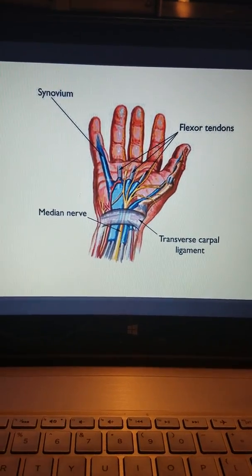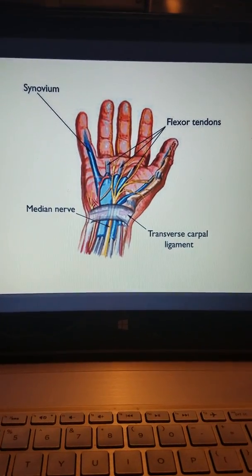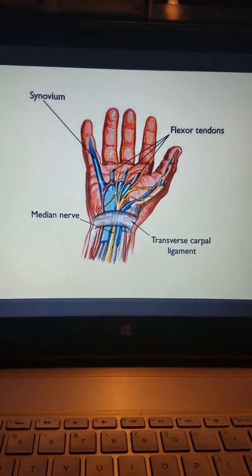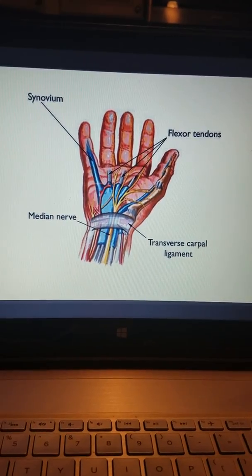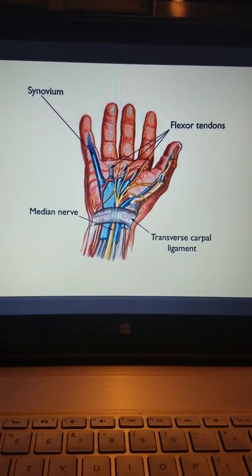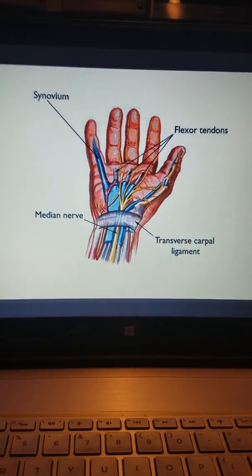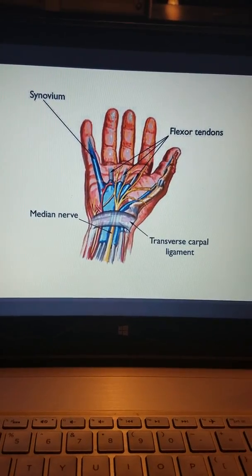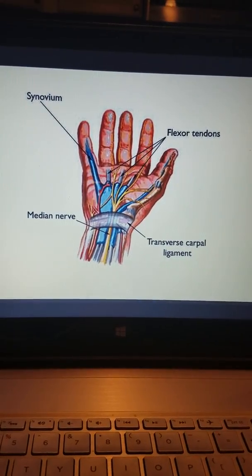But there are also other risk factors for carpal tunnel syndrome, one of which is hereditary. Some people have anatomical differences in their hand which change the amount of space for the nerve, and these traits can run in families. Also, repeating the same hand motions over a prolonged period of time will aggravate the tendons, cause swelling, and put pressure on the nerve.